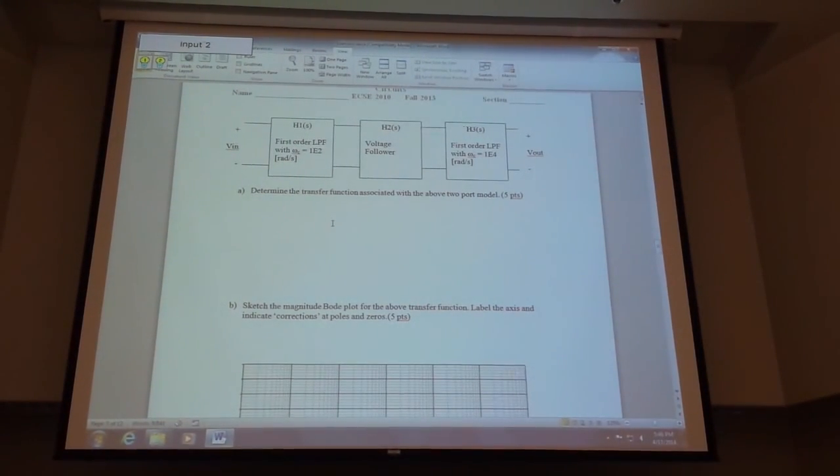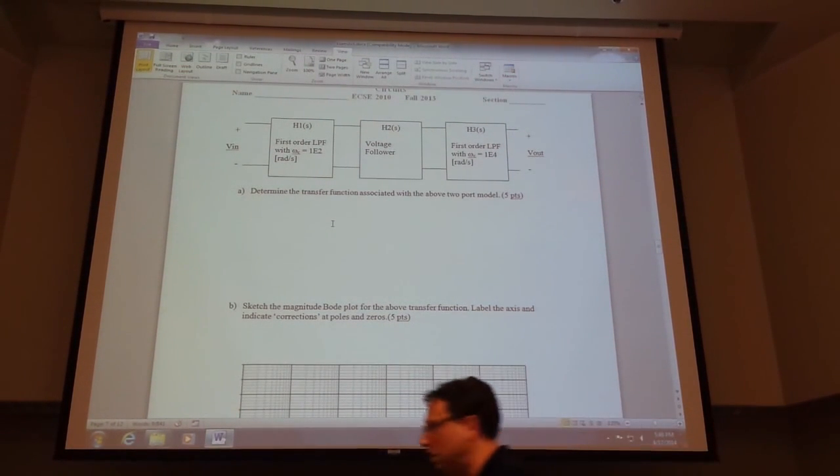This wound up being, I think, quite an easy problem. First order low pass filter with 10 to the 2 as a cutoff. First order low pass filter with 10 to the 4. What's the transfer function? What's the numerator?